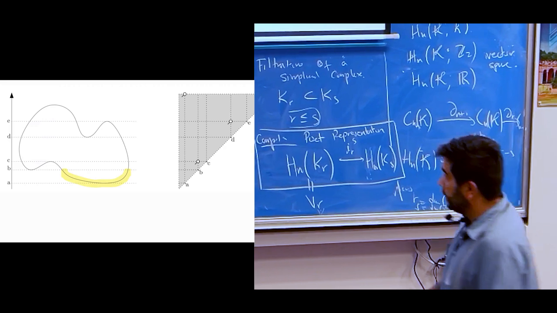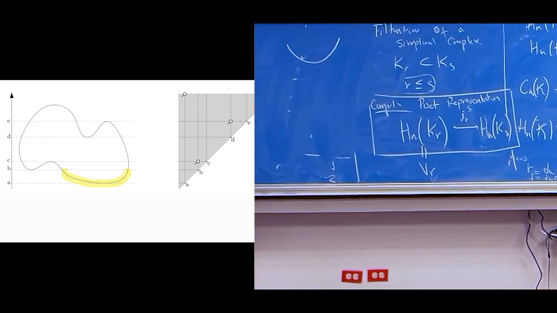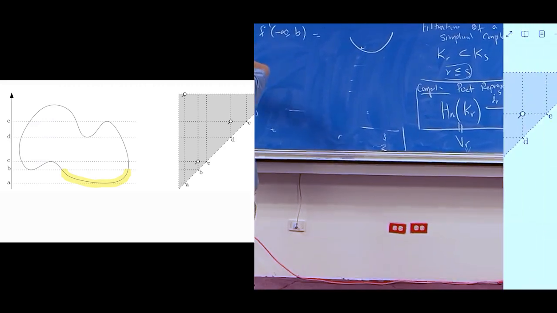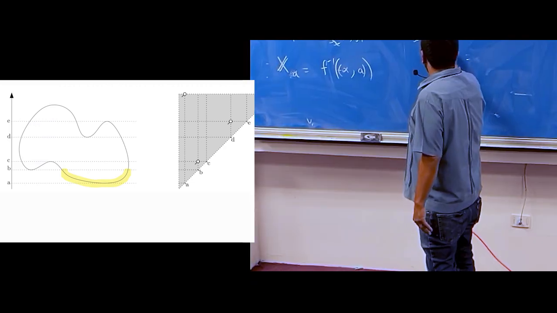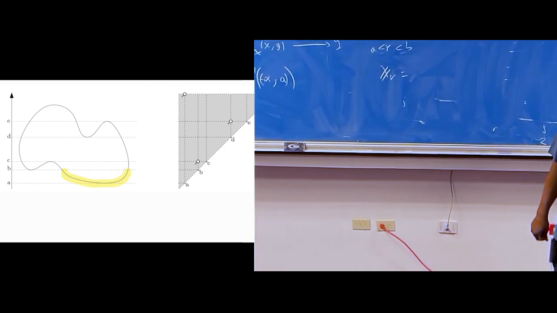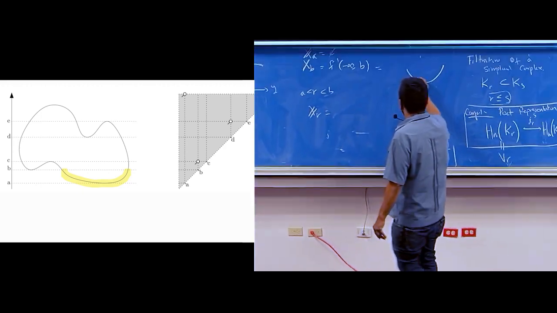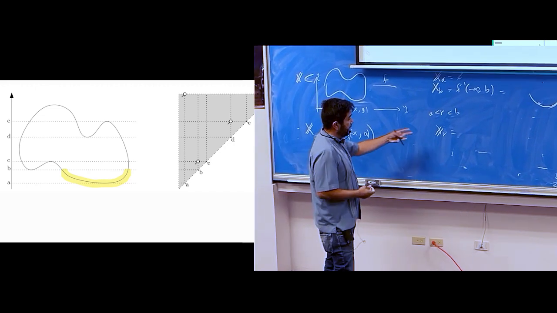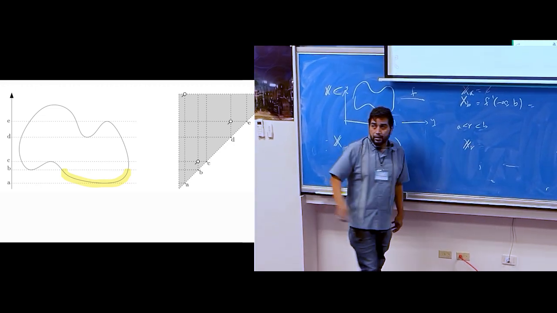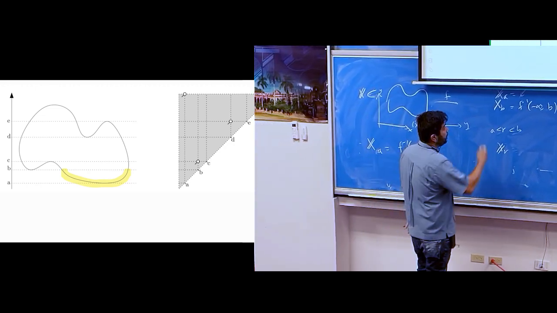If you look at it, we have X_A, which is just empty. But for any value R between A and B, X_R is just a small piece of that arc. How many connected components does X_R have? It's just one connected component.